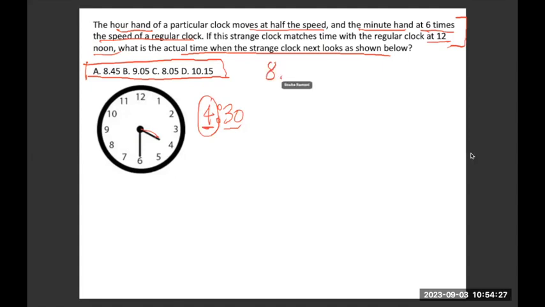Here, option B and option D both get eliminated. I'm just left with one guess. Either it is 8:45 or it is 8:05. So I have established that 8 comes in the first part. The next part: it says that the minute hand is moving 6 times.